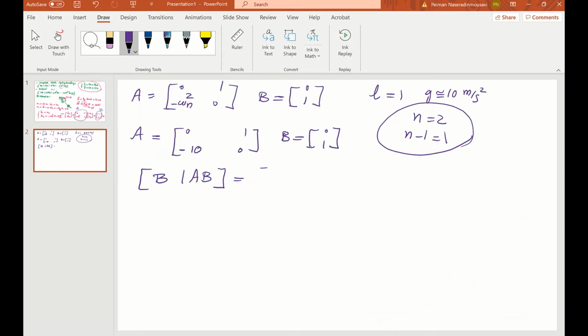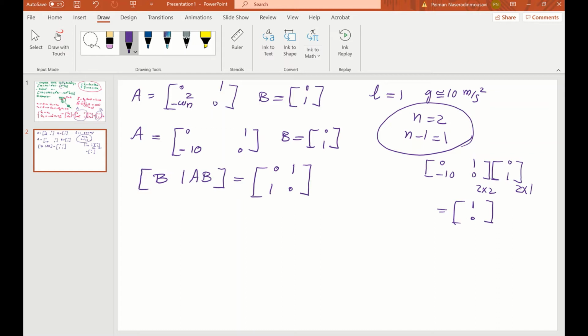So it is B and AB: A is 2 by 2 and B is 2 by 1. So it's going to be 0, 1 and 1, 0.